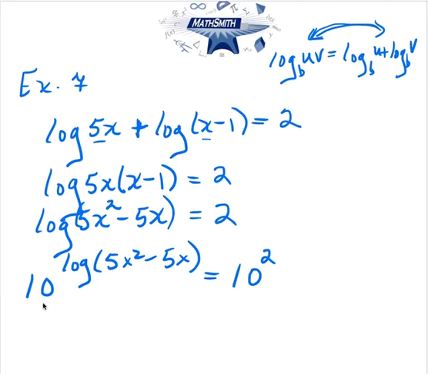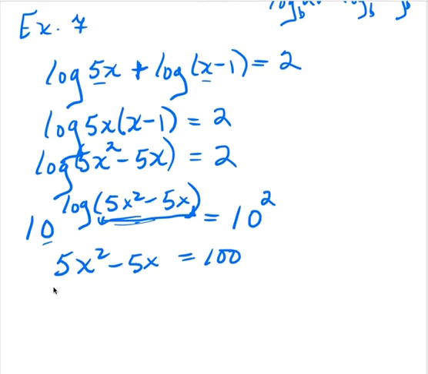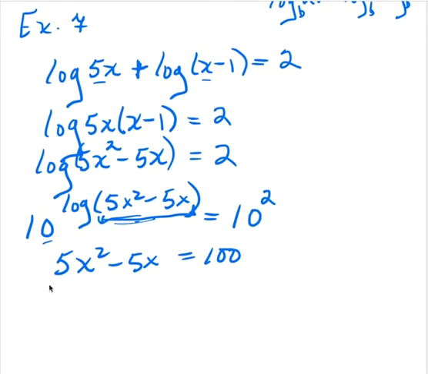These are inverse properties, so what comes out is the argument of the log. So that's 5x squared minus 5x equals 100, and all of a sudden it looks like we have a quadratic to solve. I'm going to subtract the 100 on both sides. I get 5x squared minus 5x minus 100 equals 0.